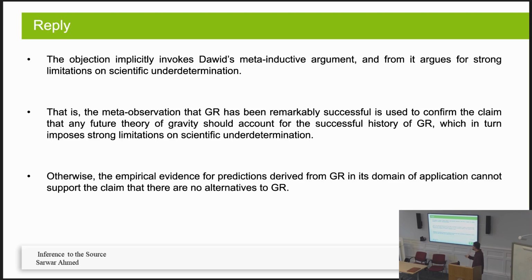That means the meta-observation that GR has been remarkably successful is used to confirm the claim that any future theory of gravity should account for the successful history of GR, which in turn also imposes limitations on scientific underdetermination. Otherwise, the empirical evidence for predictions derived from GR in its domain of application cannot support the claim that there is no alternative. So the empirical evidence cannot take care of the problem of unconceived alternatives.